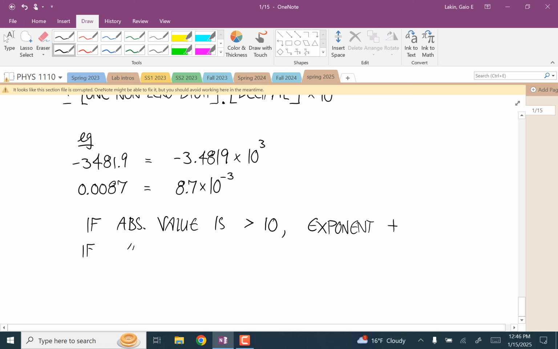And if the absolute value is less than 1, then the exponent is negative. What if the absolute value is between 1 and 10? What's the exponent? 0. A 0. Yeah. Remember that anything to the power of 0 is 1.